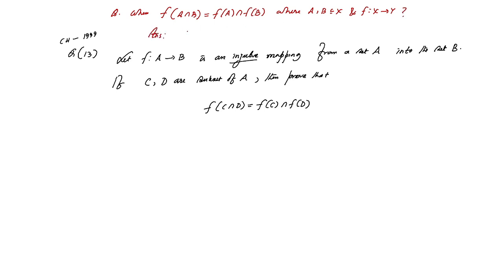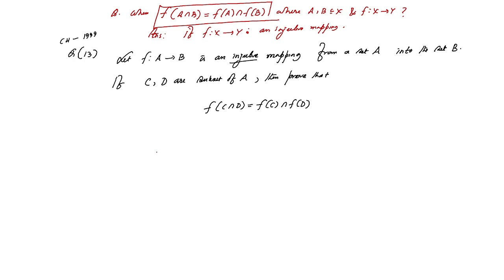The simple answer is if f from X to Y is an injective mapping. Then the image of the intersection equals the intersection of the images; otherwise it will be false.